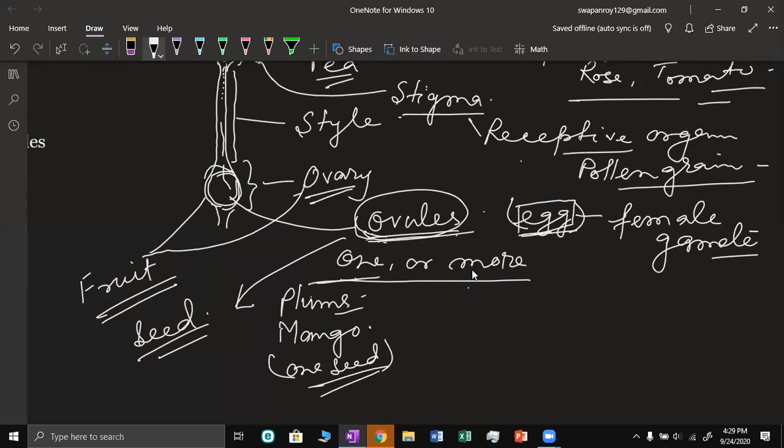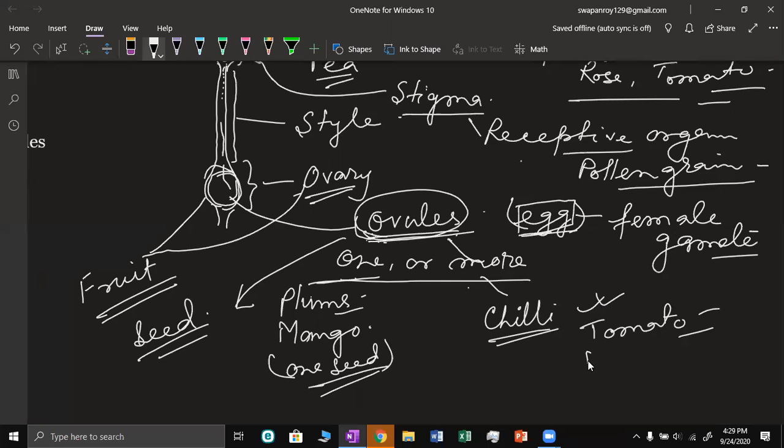Ovules may be many. Where do we get that? A very common example is chili. How many seeds are there? There are plenty of seeds. When you cut a tomato for your salad, you get many seeds.